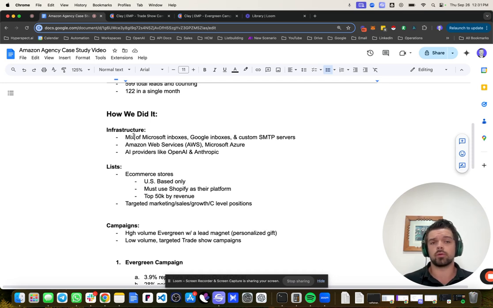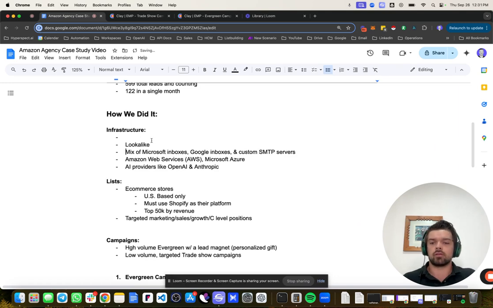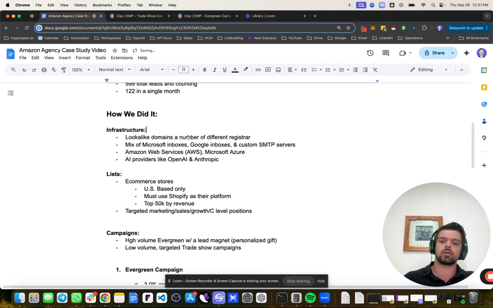We put everything through very specific warm-up practice to make sure that those emails are getting delivered. We set up lookalike domains. I probably should have added that. Lookalike domains across a number of different registrars. So we're purchasing domains in different locations to make sure that we're distributed and safe from a deliverability perspective.